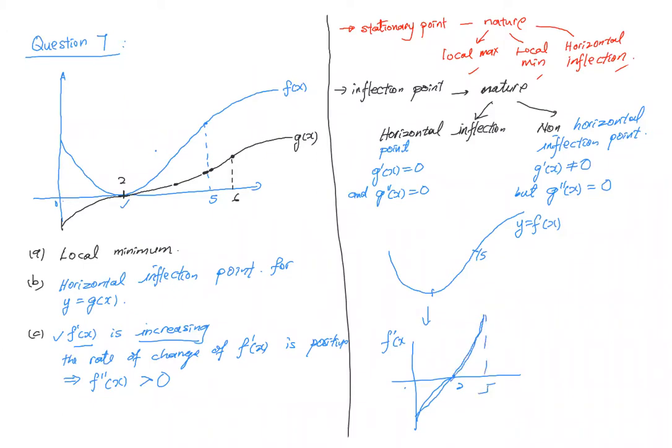So this is called your f prime x is increasing. Are you clear? Here, the slope is negative. So that's how I get it.